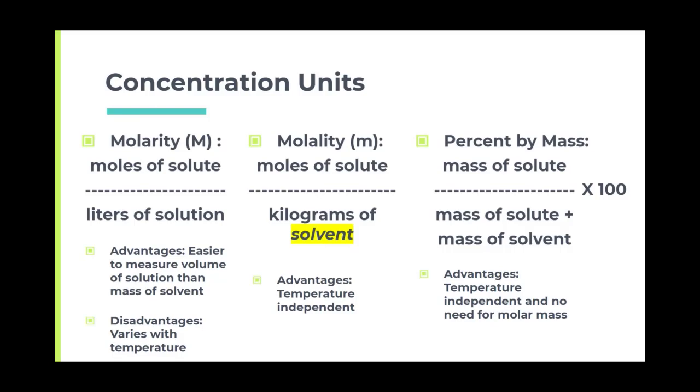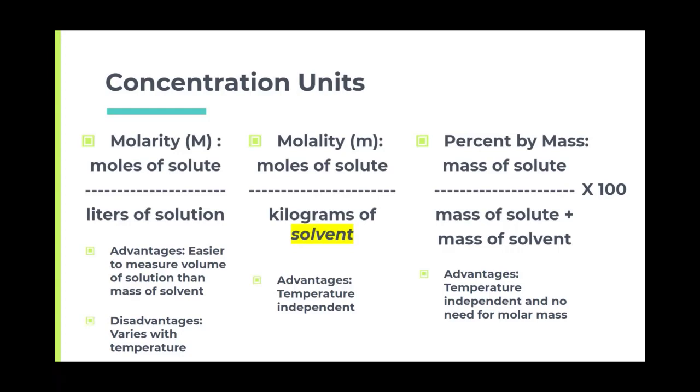But the disadvantage of molarity is that it varies with temperature, because temperature can make the volume of solvents change. This can cause some problems if you're having a changing temperature, but otherwise molarity is a pretty standard concentration unit that you'll use a lot.